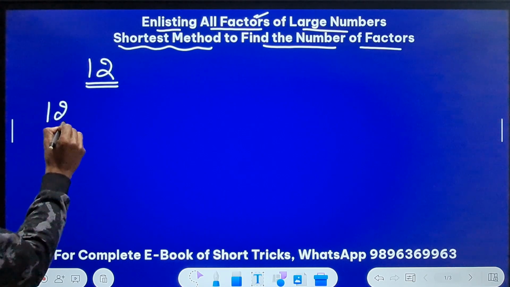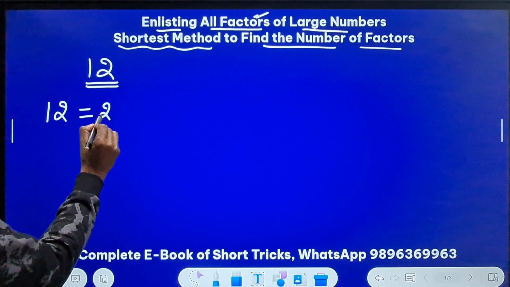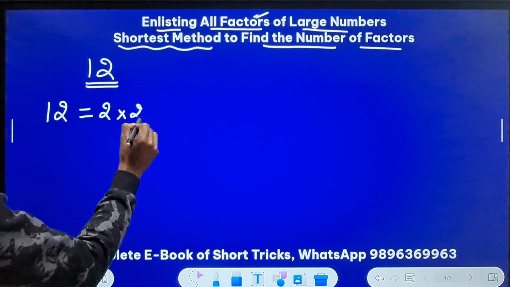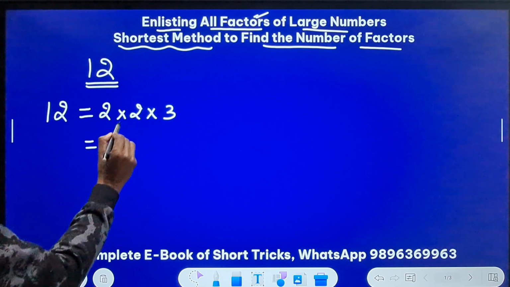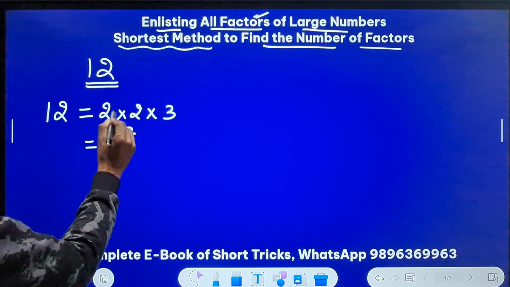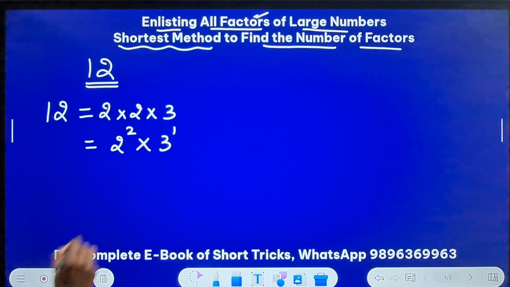For that, I'll be making the prime factors of 12. 12 is 2 times 6 and 6 is 2 times 3, right? Write it in exponential form. 2 is 2 square because it exists 2 times, and 3 is alone, so 3 raised to power 1.